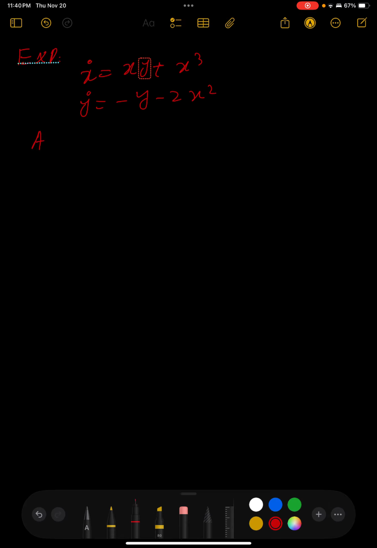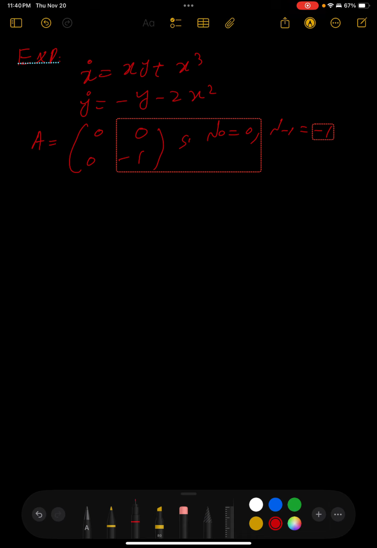Again clearly A is 0, 0, 0, minus 1. So lambda naught is 0, lambda minus 1 is minus 1, and clearly the linear part is uncoupled. And for y dot we can see that the linear part is negative, so it is stable.